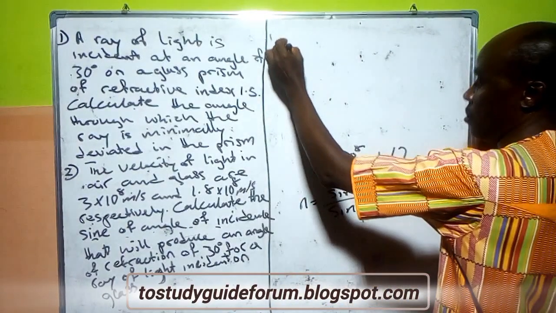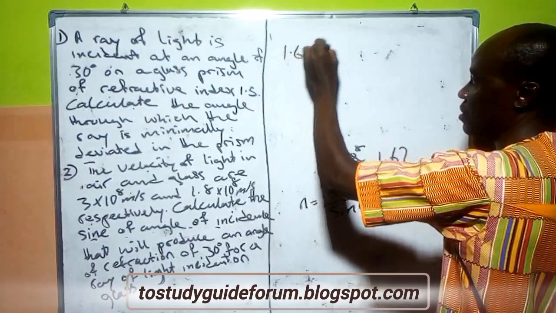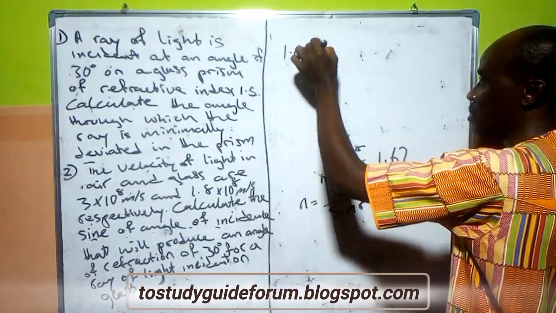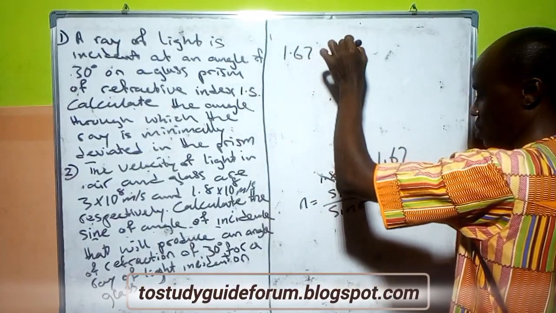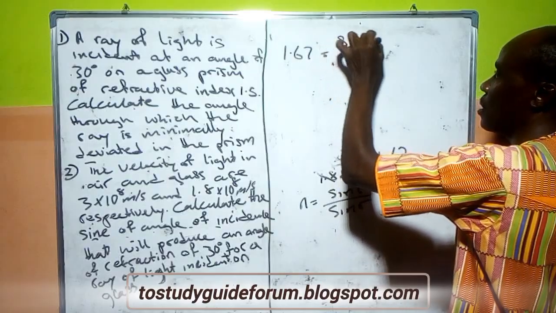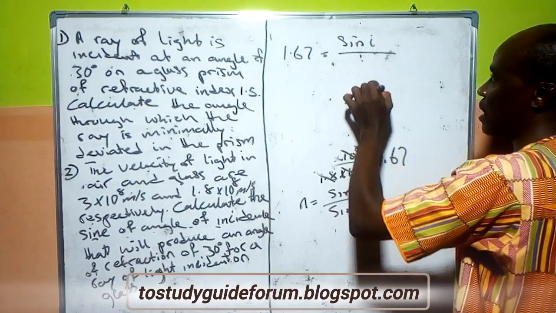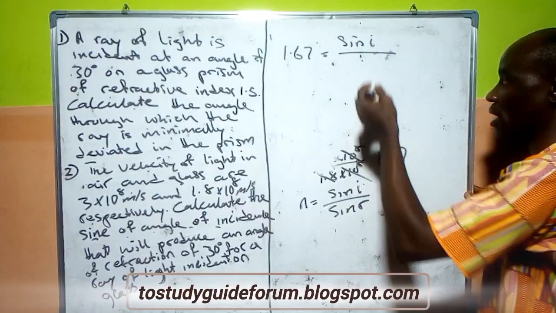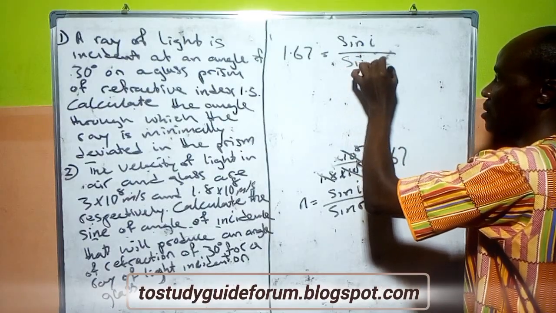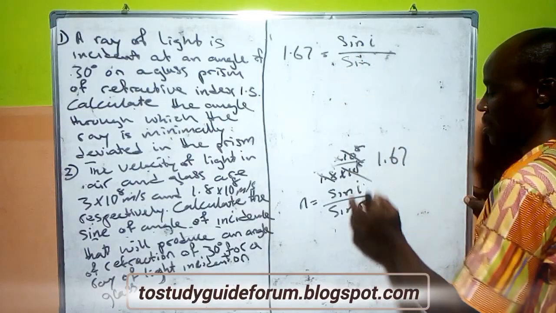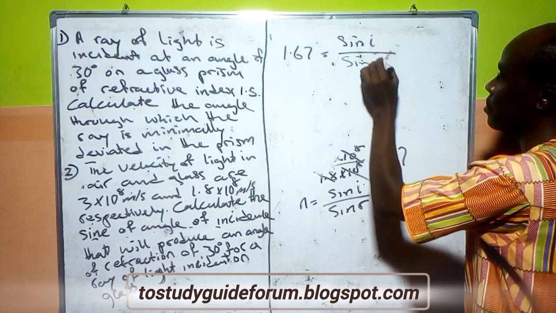Now our refractive index, 1.67, is equal to sine of the incident angle, sine I, which is not given to us, over sine R, which is 30.